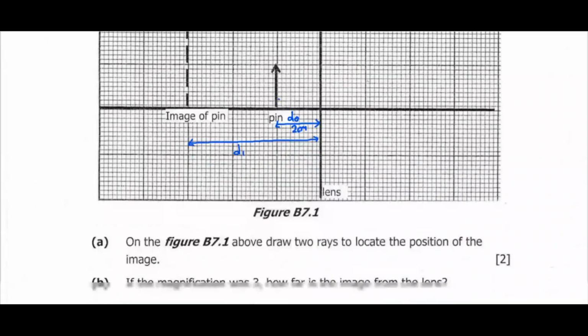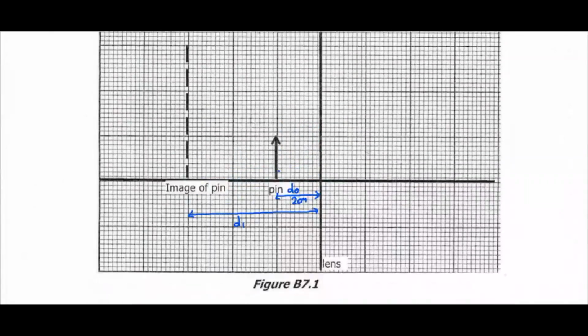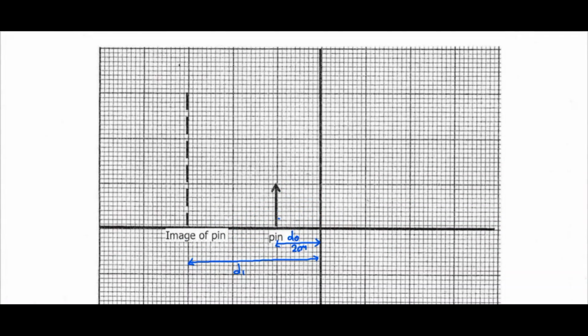Okay. Then on the figure B7.1 above, draw 2 rays to locate the position of the image. So the first one, you need to draw a line touching the object parallel to the principal axis. So this is our principal axis here. Then from this point, we are supposed to draw a line in dotted.